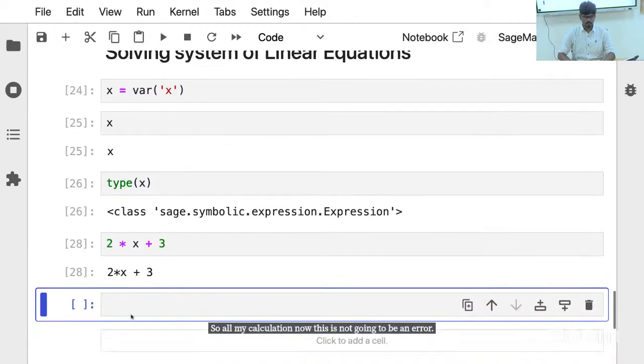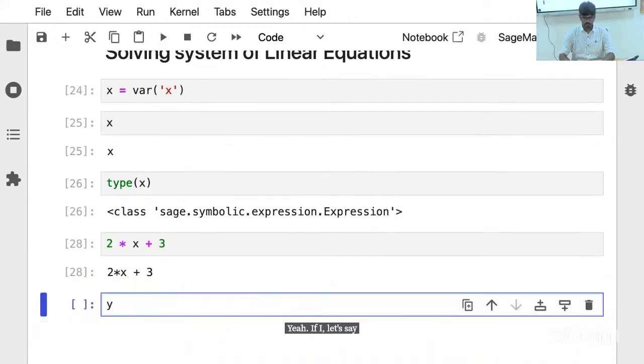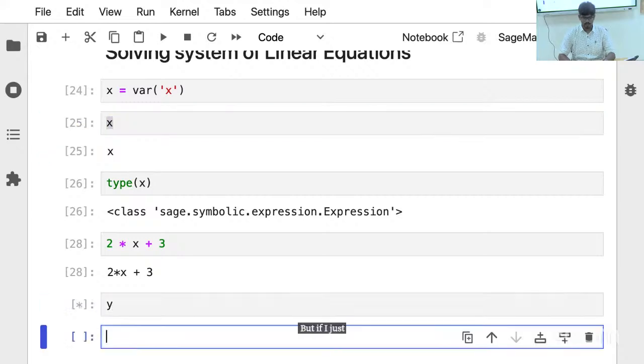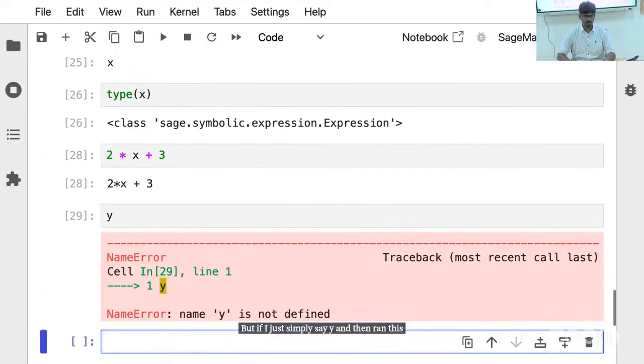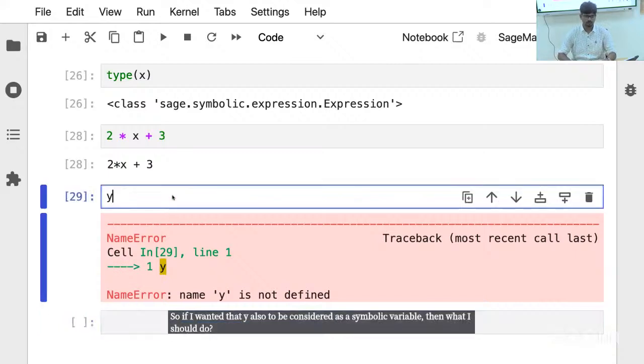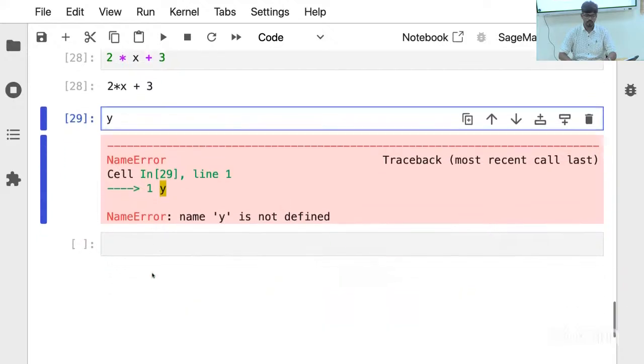Suppose I give simply Y, and remember I had an X here, I ran the cell, but it was not throwing any error. But if I just say Y and run this, obviously it gives me a name error because it does not know what Y is. If I wanted that Y also to be considered as a symbolic variable, then what should I do? I'll leave the error as it is.